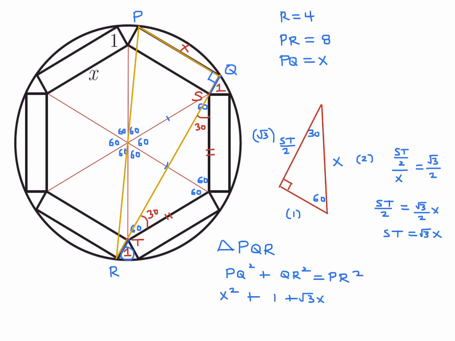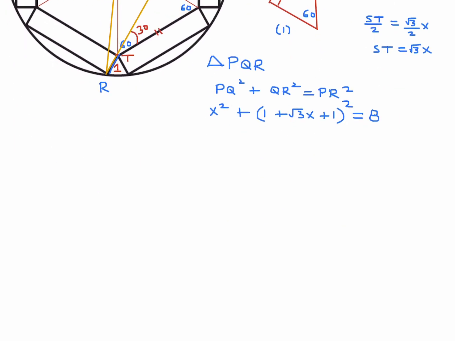And then we've got this little guy here from T to R, which is 1. And all of that squared. And then PR is just 8. So this is the equation we have to solve.